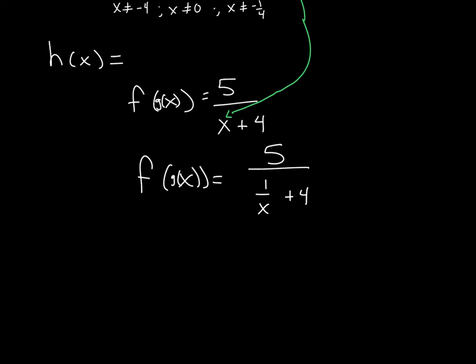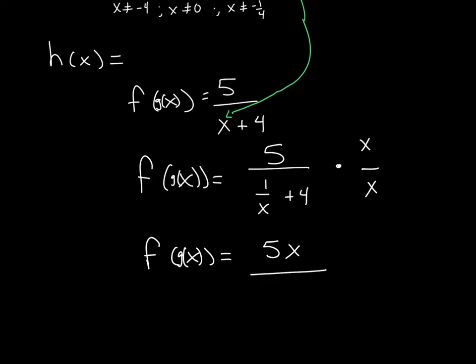Now I want to go ahead and simplify this. I'm going to simplify this by multiplying the numerator and the denominator by the common denominator. Again, x over x is just equal to 1. And when I do that, I can simplify this complex fraction and leave that as 5 over x.